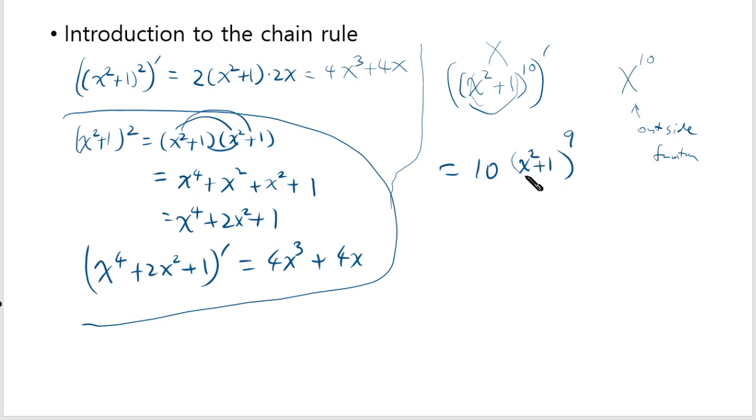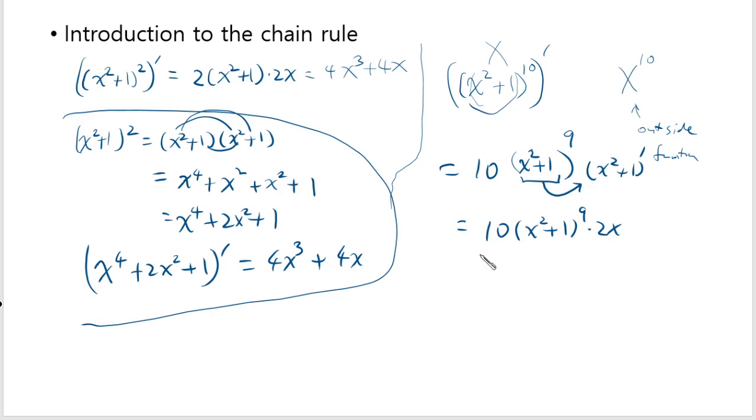And then this, what we call the inside function, must be copied over to outside, and that one has to be differentiated outside, okay? So you have 10 times x squared plus 1 to the 9th power, and the derivative is 2x. And this is achieved through chain rule, whereas if you were to actually expand this, it'd be like pages and pages of calculation, and then you differentiate, it'll be hard to get this, okay?